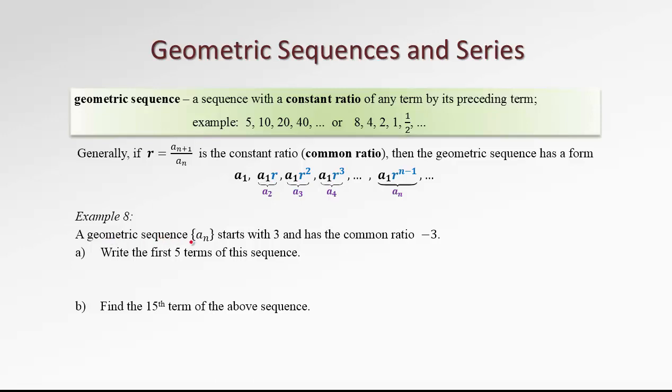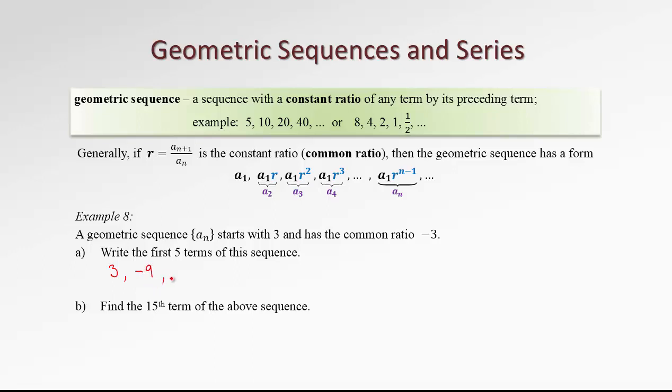Knowing that a geometric sequence a_n starts with 3 and has the common ratio of -3, find the first 5 terms of such sequence. Okay, so we know that the first term is 3. The next term is the first term times the common ratio. So it's 3 times -3. Therefore, it's -9.